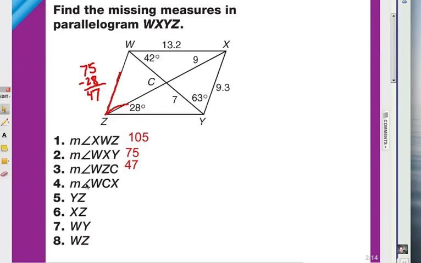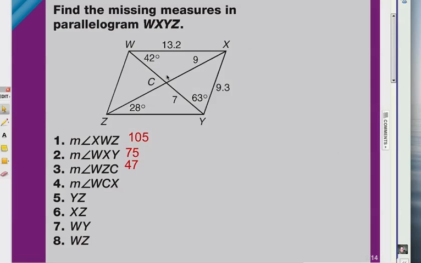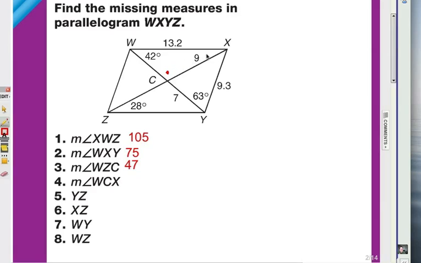Number 4, measure of angle WCX. WCX is this angle right here. Now we know this angle here is 28 because it is an alternate interior angle with that angle down there. All right, so we have a triangle.